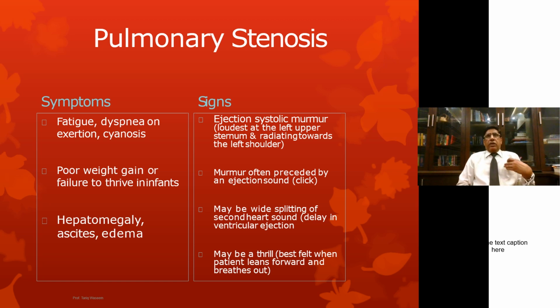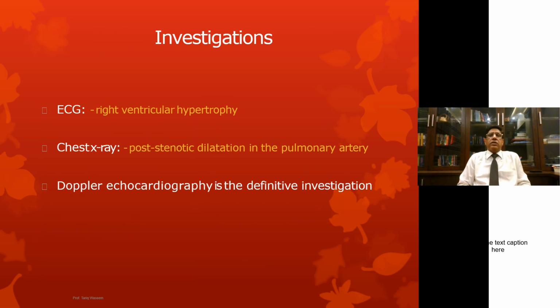A palpable thrill in the second left intercostal space or towards the left of the sternum in the upper part may be there in a patient with pulmonary stenosis. ECG would show right ventricular hypertrophy, understandably so.